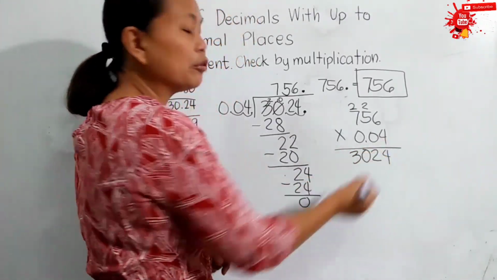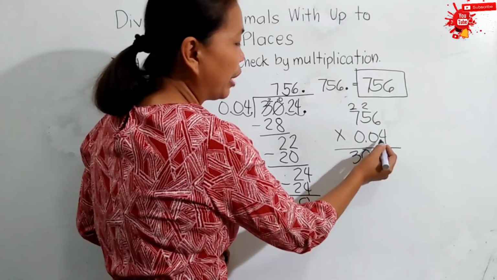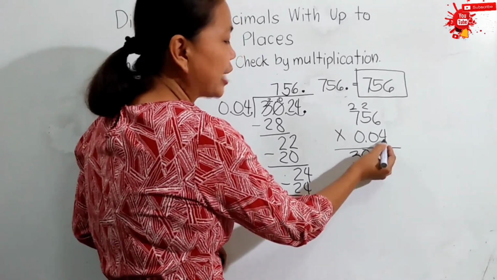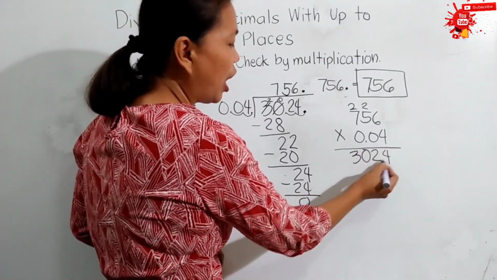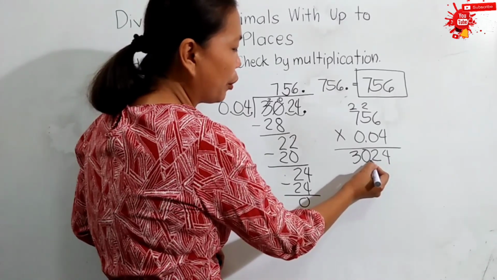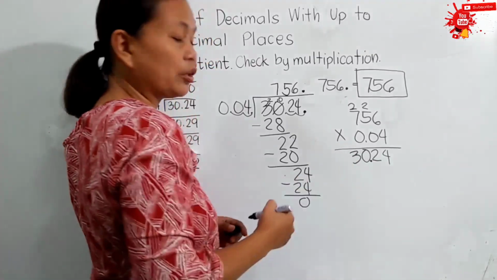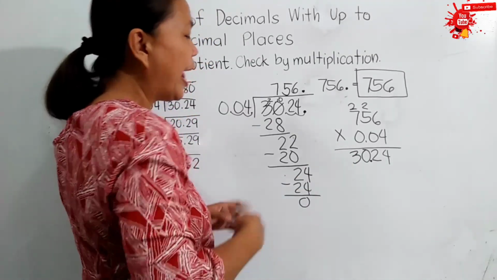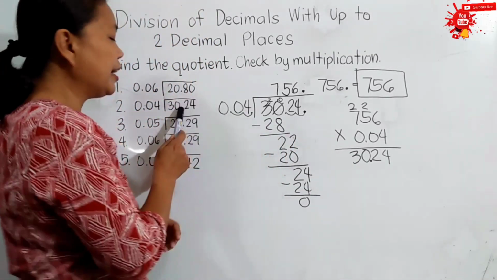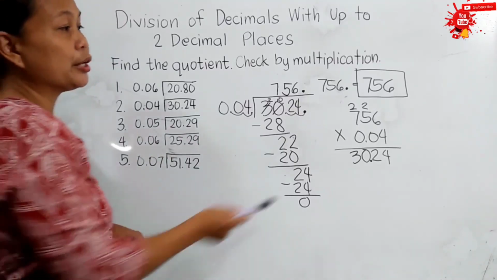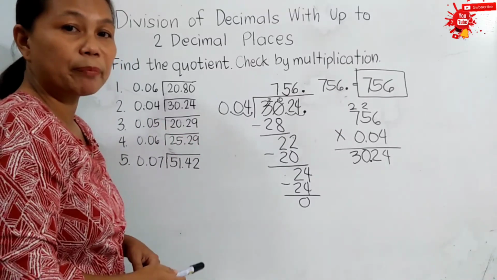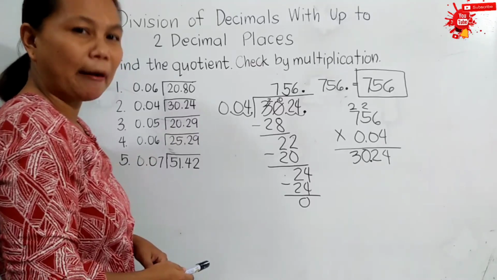Tapos, count natin yung decimal point. So, meron lang tayo sa baba. So, isa, dalawa. So, 2 decimal places. So, our answer is 30 and 24 hundredths or 30.24. And it is the same with our dividend. So, therefore, yung sagot natin na 756 ay tama.